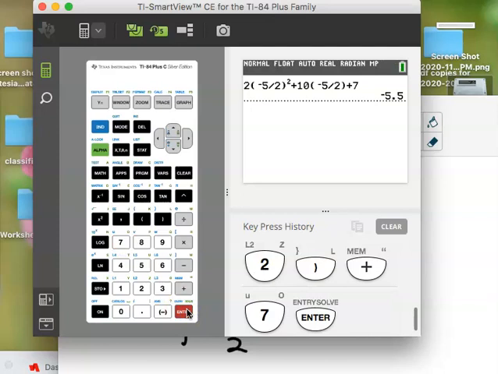And then I let the calculator change it back into a fraction for me. Math, number 1, enter. Look at that, negative 11 halves.